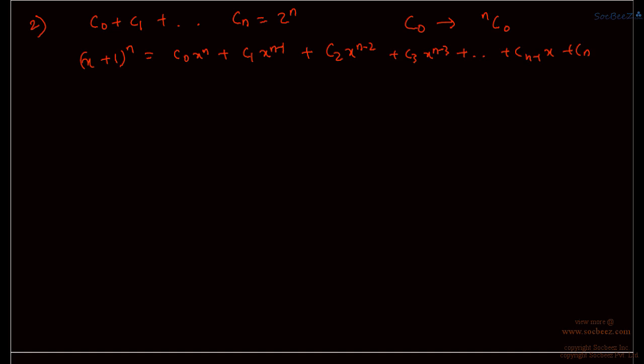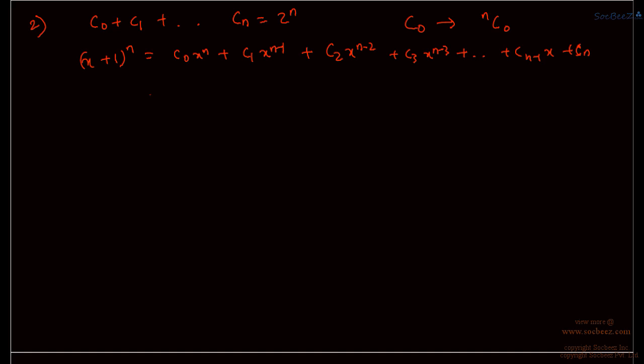So x power n gradually decreases from n till 0, whereas the other term, which is invisible here because it is just 1 and any exponent of 1 is still 1, actually makes it just Cn in the last term. Now what if I substitute x is equal to 1?